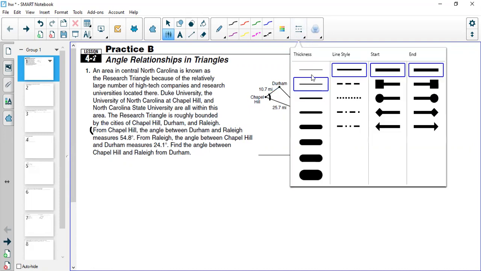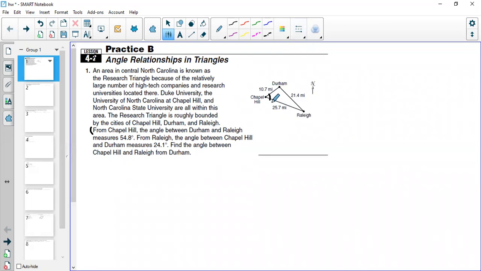I can't write it here as my pen is too thick, but if you've got space, you could write it there. So I'll just write it outside. So that's going to be 54.8 degrees. Okay, from Raleigh, the angle between Chapel Hill and Durham measures 24.1. So from here, when they look at these two, this angle measures 24.1. Let me write it out.